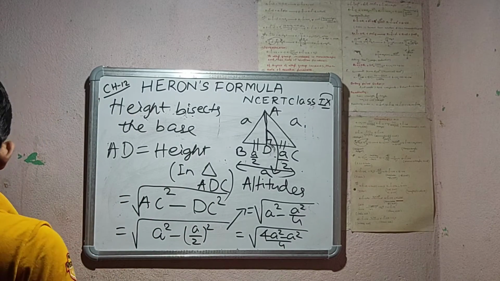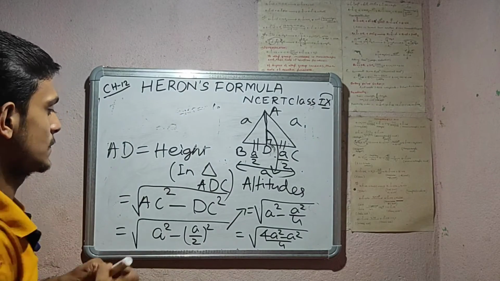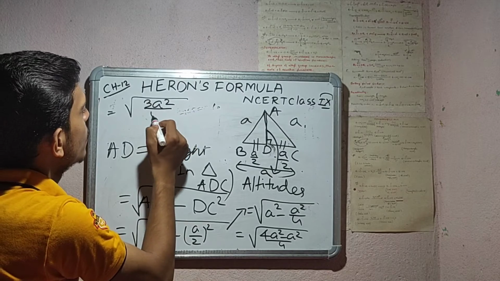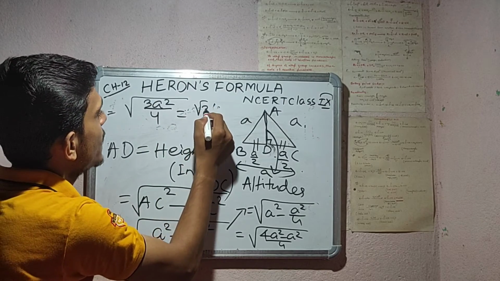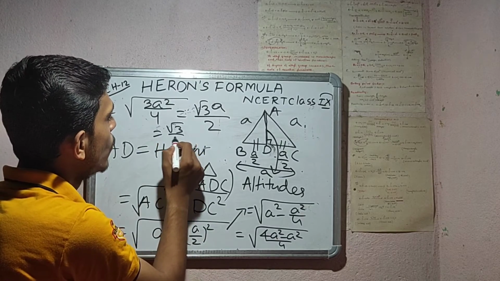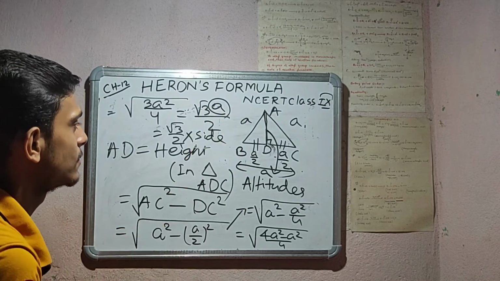So that is 3A square upon 4. So that is root 3A upon 2. So that is root 3 by 2 multiplied with the side. Yes or no? A is your side. Okay.